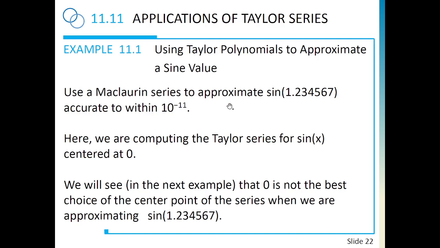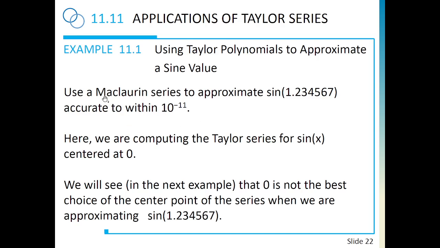And we need to use that Taylor expansion to find an approximation to sine of 1.234567. Obviously this is in radians. And it needs to be accurate to 10 to the power minus 11. So it's a huge task here. We need to find a huge accuracy.